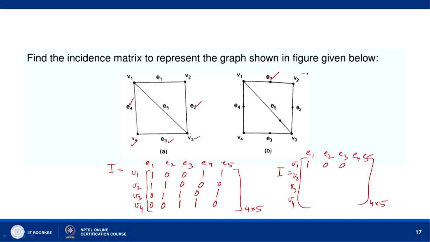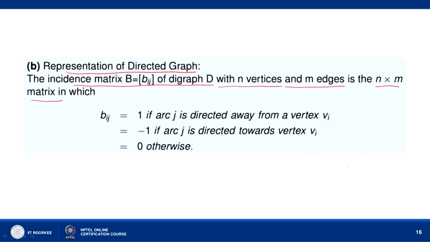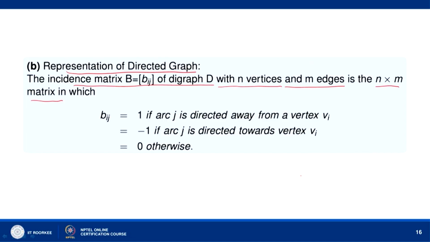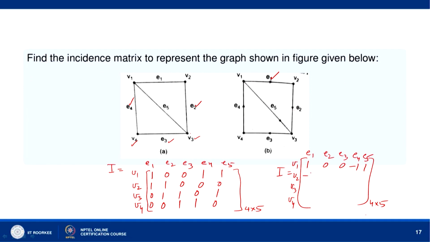E4 is directed towards B1, and when it is directed towards B1 we put minus 1. E5 is directed away from B1, so we put 1 here. Then for B2, E1 is directed towards B2, and towards B2 means minus 1, so we put minus 1 here.